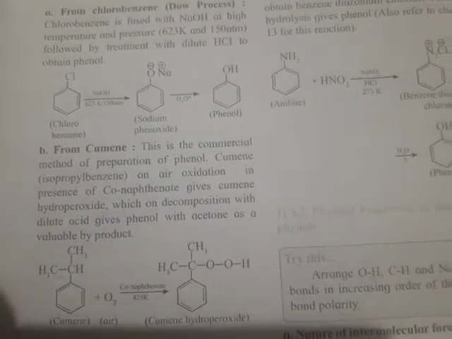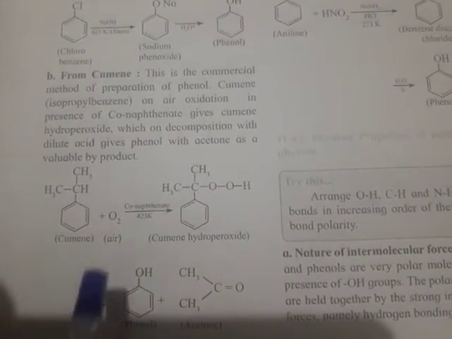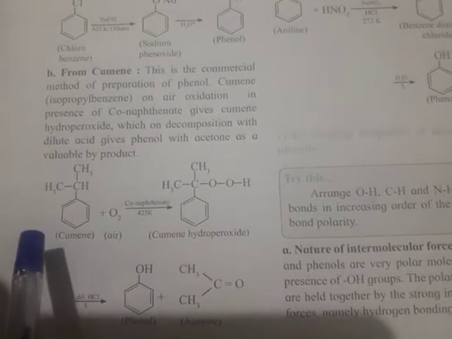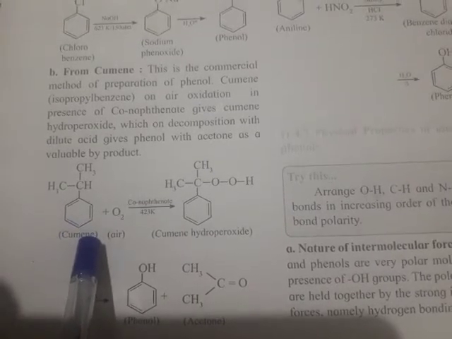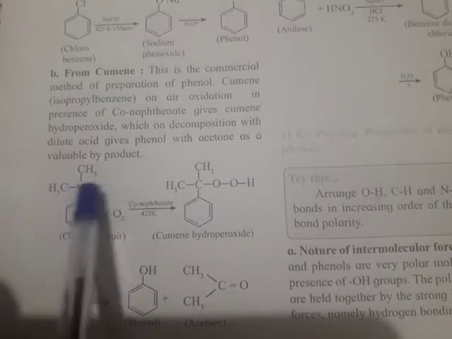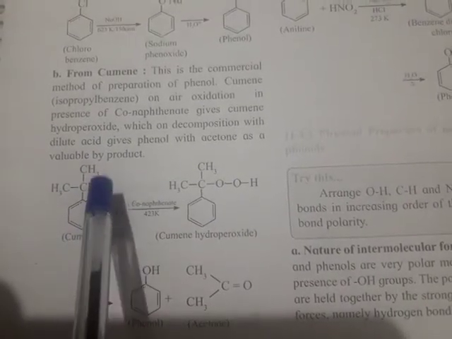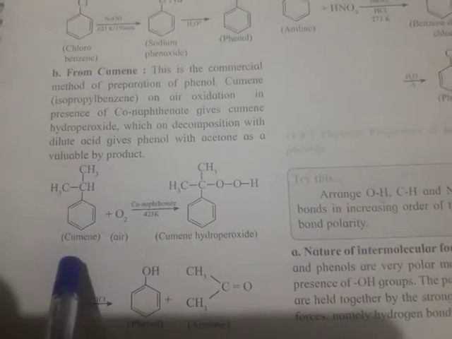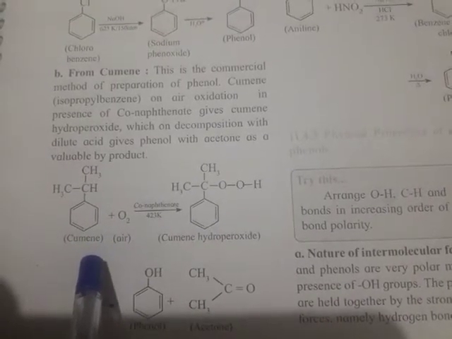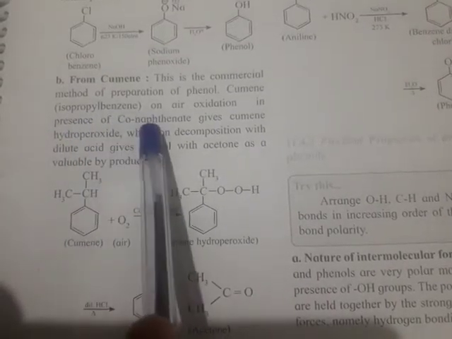Now the second method of preparation, that is from cumene. First of all, what is meant by cumene? We know that when a methyl group is attached to benzene, we call it toluene. Similarly, when an isopropyl group is attached to benzene, then that particular compound is called cumene. Cumene is also called isopropyl benzene.